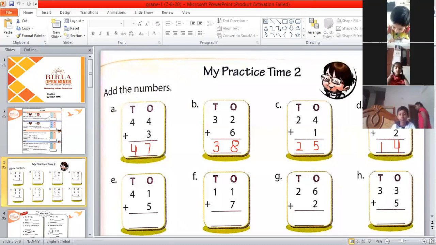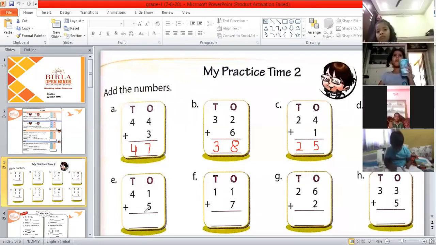Read that question. 41 plus 5. Very good. 41 plus 5. Now tell me, 1 plus 5 how much? 1 plus 5 is? 7. No, that's wrong. 1 plus 5 how much?